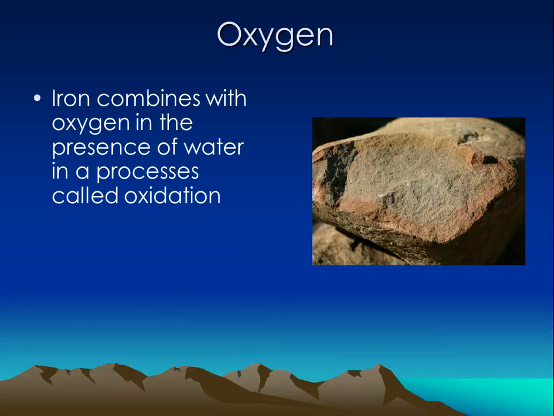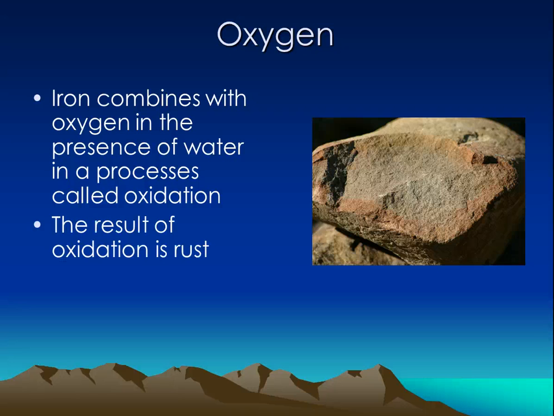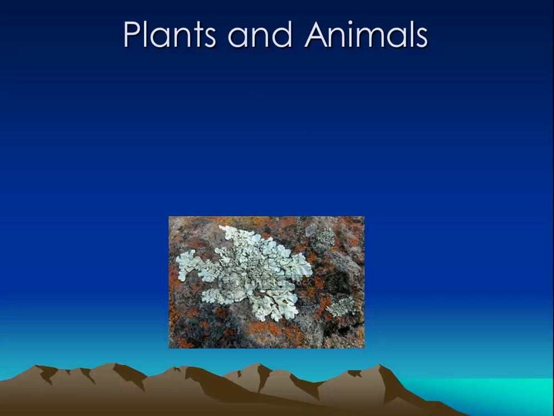Oxygen, when combined with iron in the presence of water, is a process called oxidation. And oxidation is another cause of chemical weathering that results in rust. And rust, as we've learned, is a chemical change. It can't be reversed very easily. Plants and animals can also cause chemical changes.